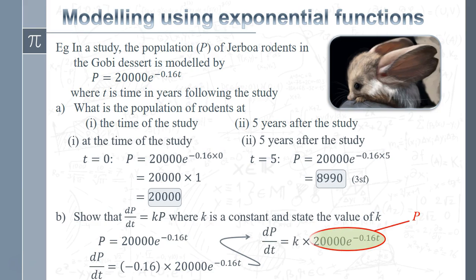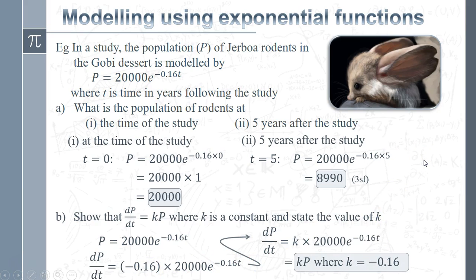So what's going on? If you look at it, this 20,000 e to the minus 0.16t is P. There it is. The original function is sitting within our differentiated function. So that's P, and we have the value k at the front, which clearly now we can see is the minus 0.16. That's why I kept them separate.